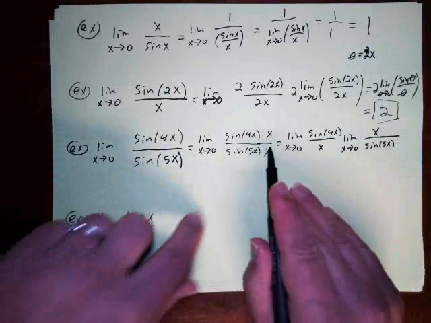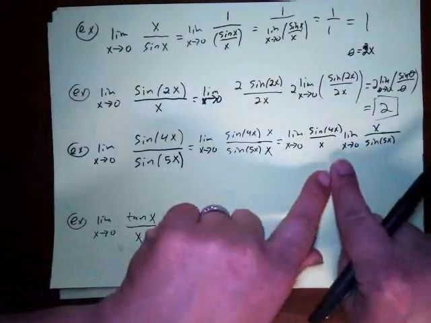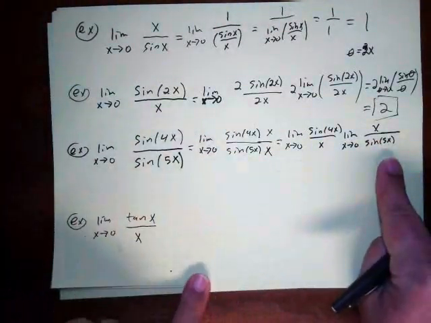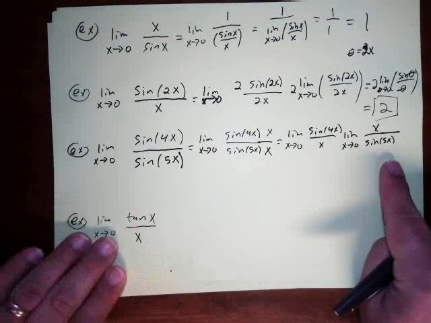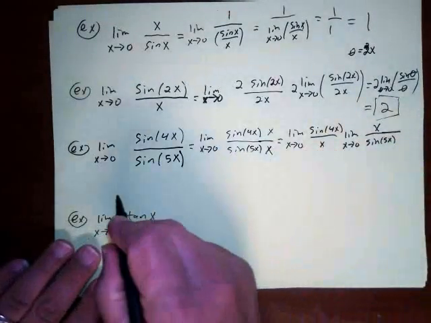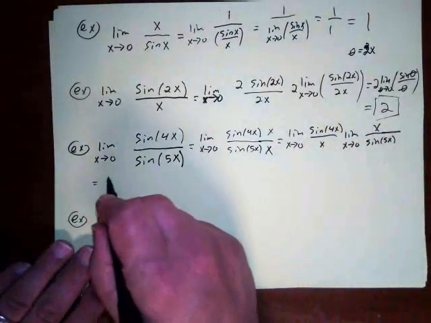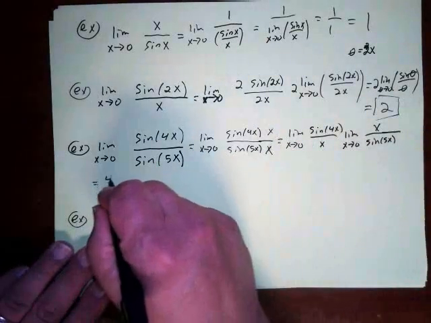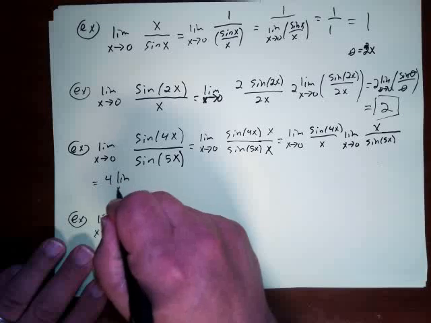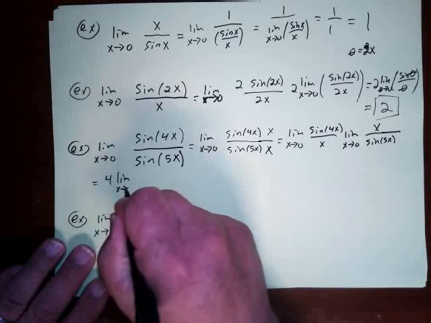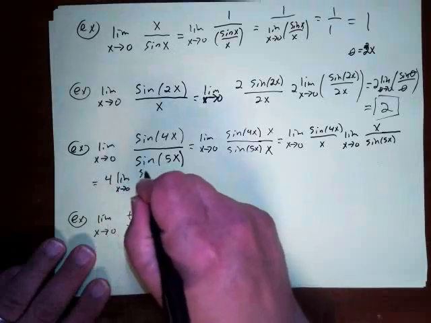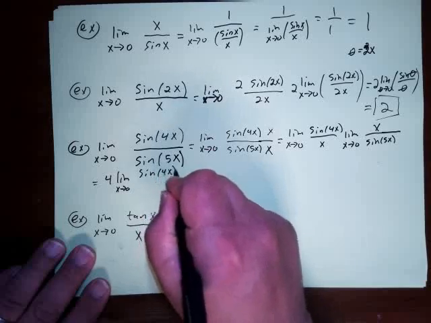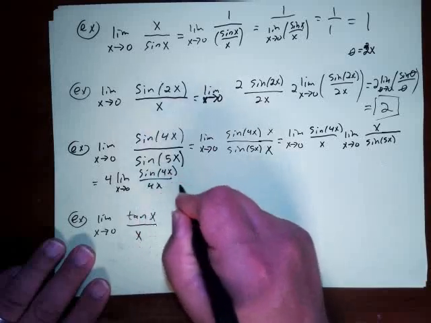Then I could split the product up. I need a 4x down here, but then I can pull it out of here. So I'd get 4 times the limit as x goes to 0 of sine of 4x over 4x.